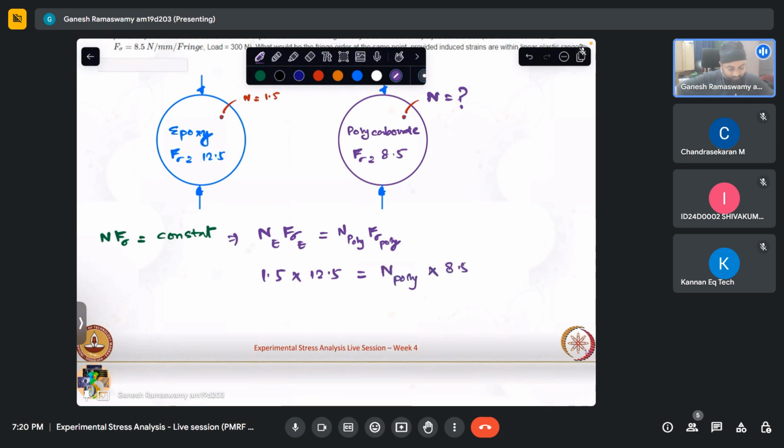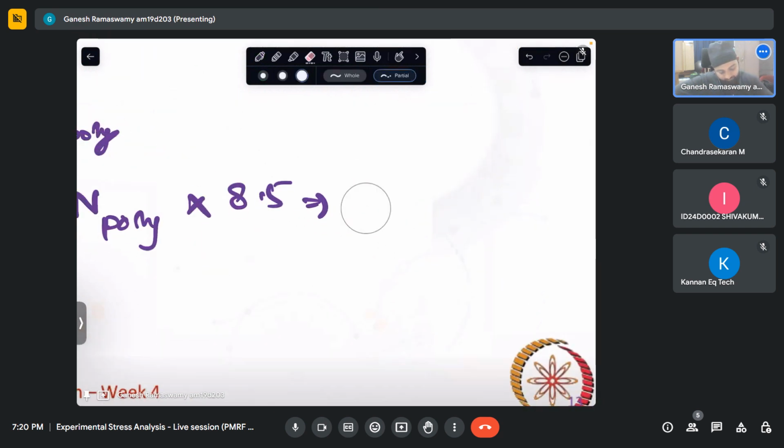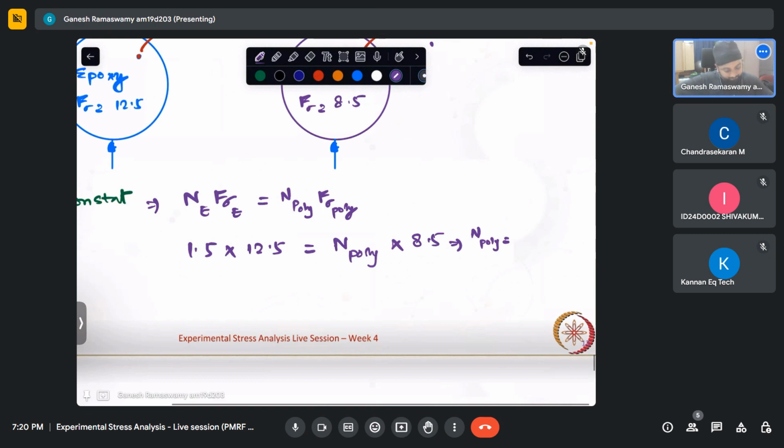So from here we can find out that N in polycarbonate would be, what will this be? 12.5 into 1.5 by 8.5, it is 2.206.